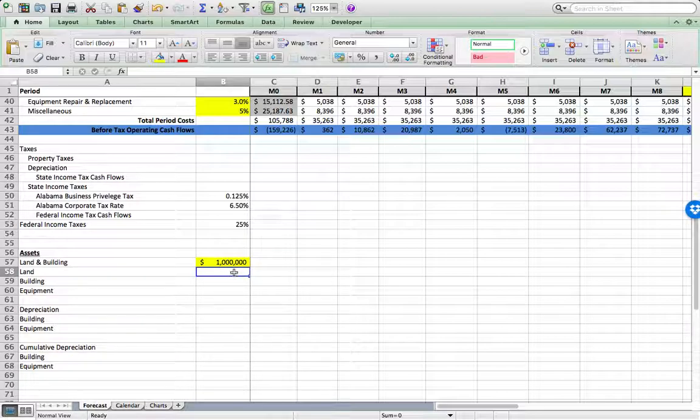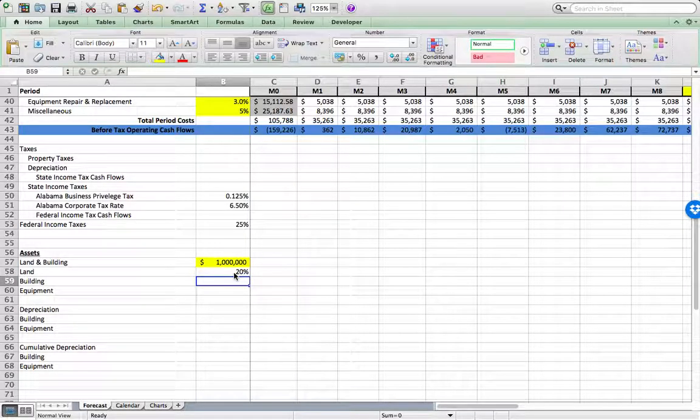Now I have to do an allocation between those two because the building part of the purchase is depreciable, but the land part is not. And so I did just a little bit of looking. Usually somewhere between 20 and 40% of the value of a commercial property is land. The rest of it is building.